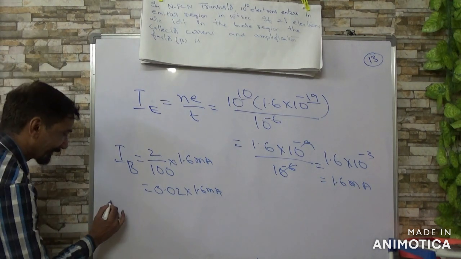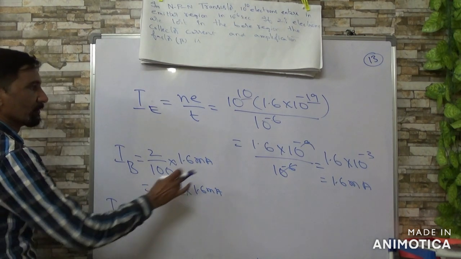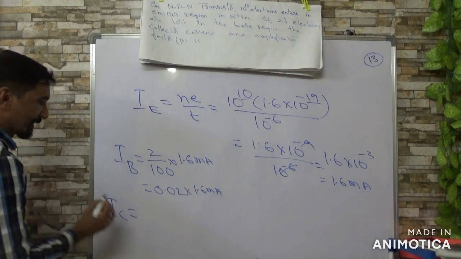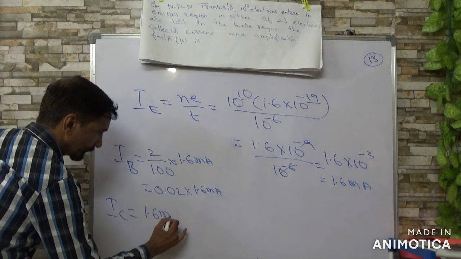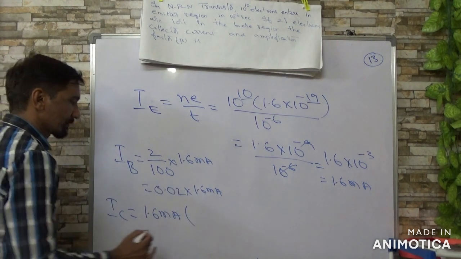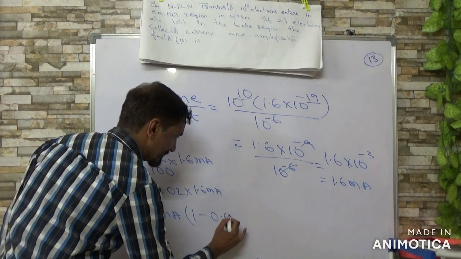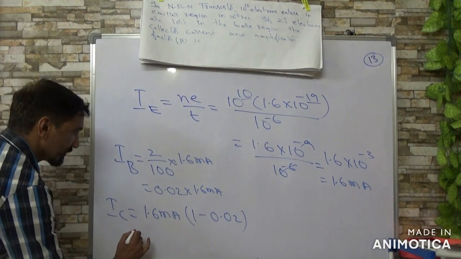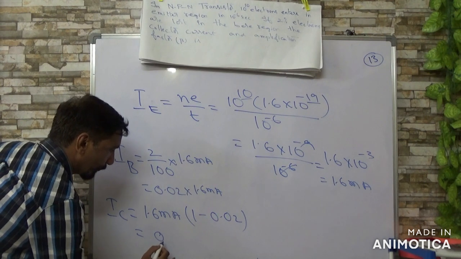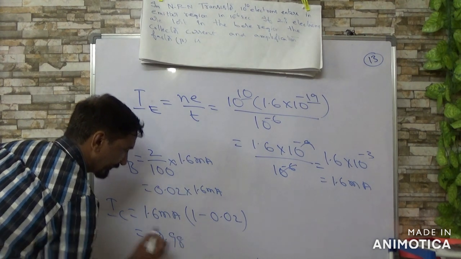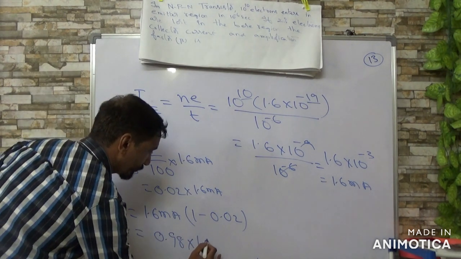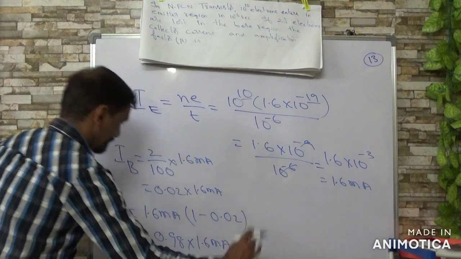Therefore, collector current will become emitter minus base. So you get 0.98 into 1.6 milliamps.